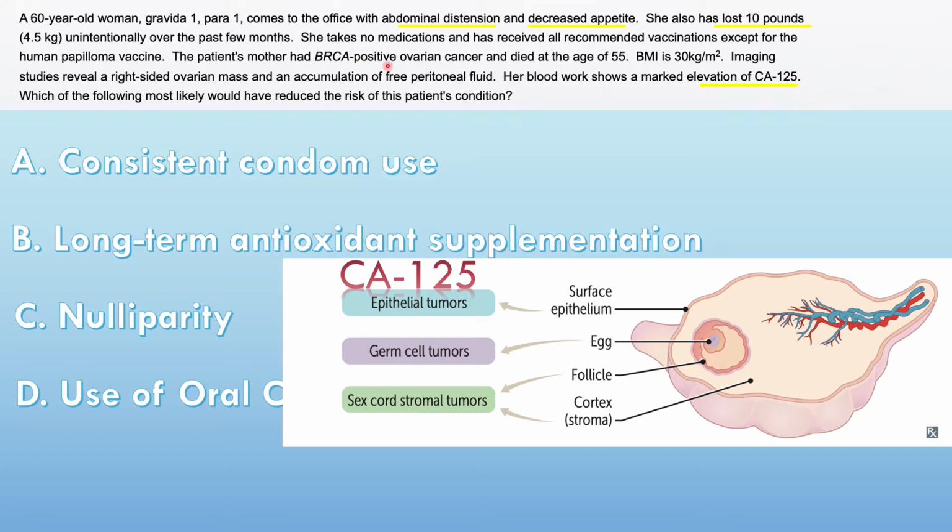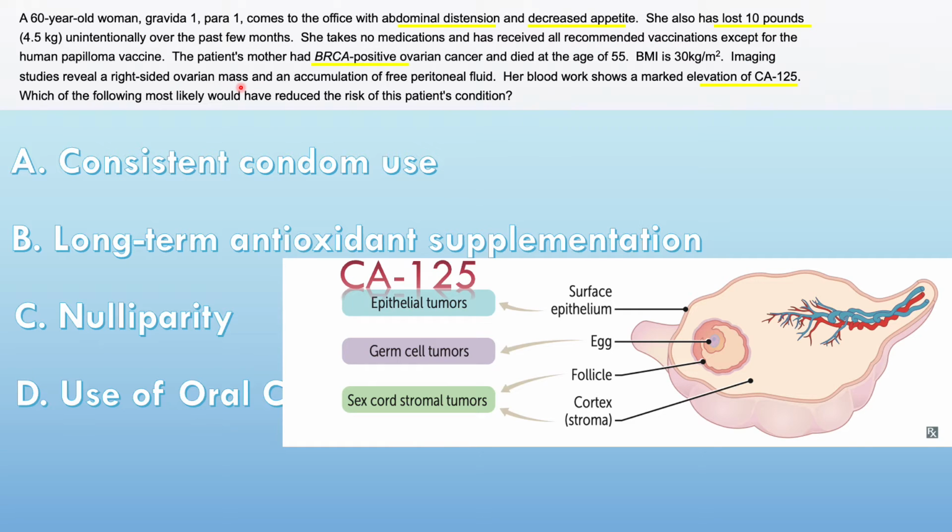The patient's mother had BRCA positive ovarian cancer and died at the age of 55. Now this shows us that she has a family history. BMI is 30. This is obese, but is obesity really a risk factor for ovarian cancer, or is it for breast cancer? Yeah, it's rather for breast cancer, so I'm not going to highlight that. And imaging revealed a right-sided ovarian mass.